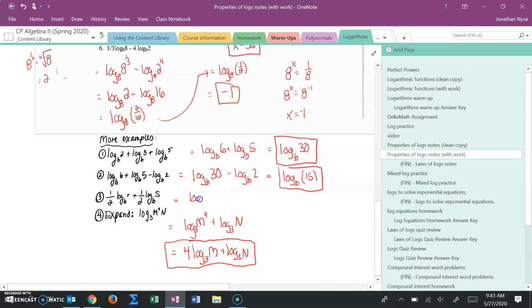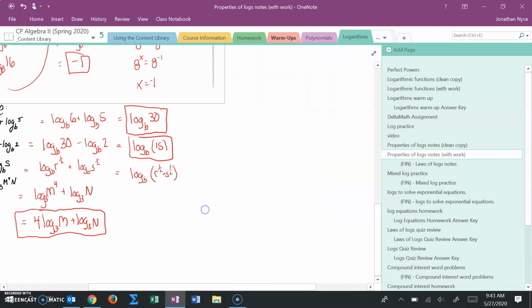And here, coefficients can become exponents. Log base b of r to the 1/2 plus log base b of s to the 1/2. Now we're adding. Bases are the same, so we can multiply the arguments. R to the 1/2 times s to the 1/2.